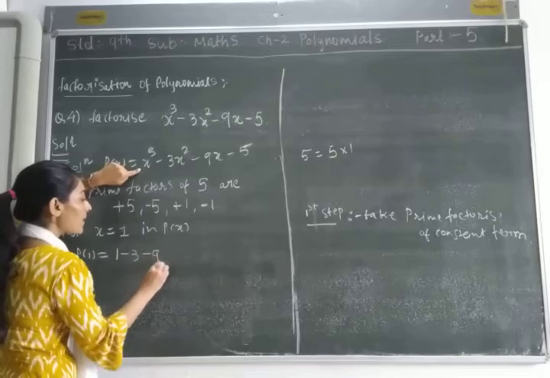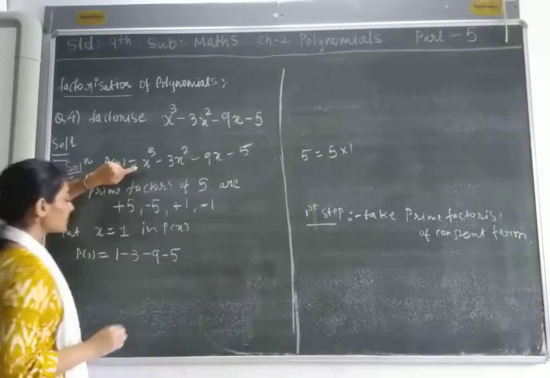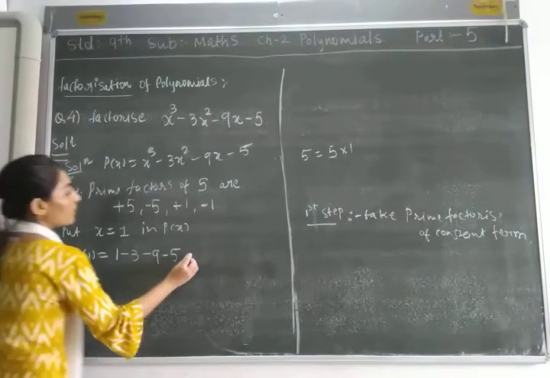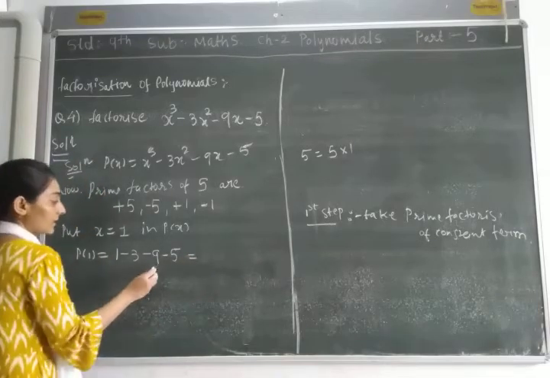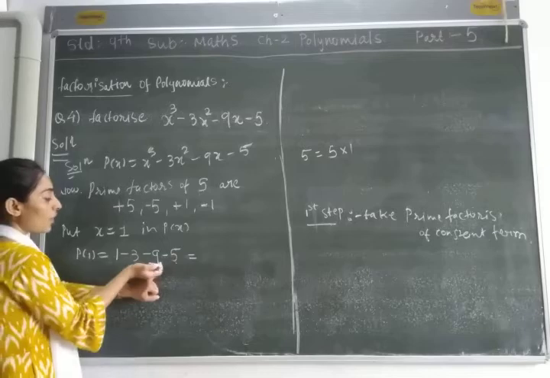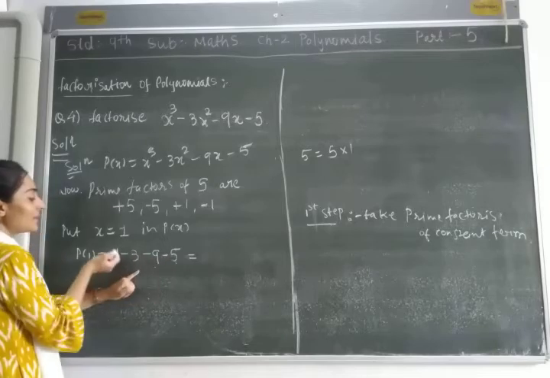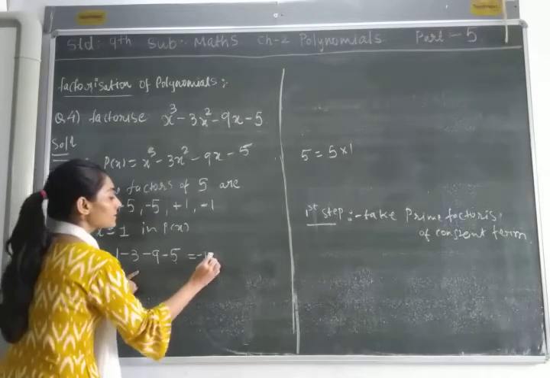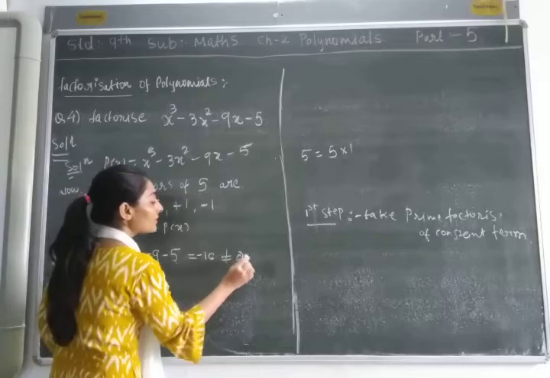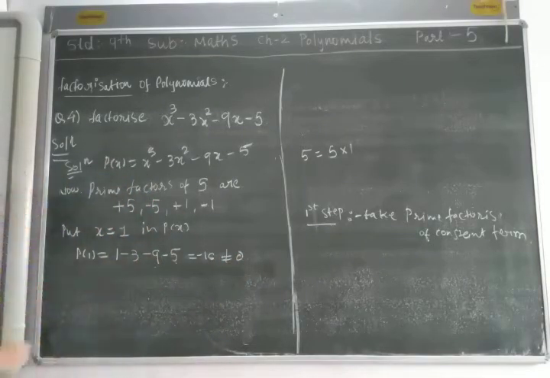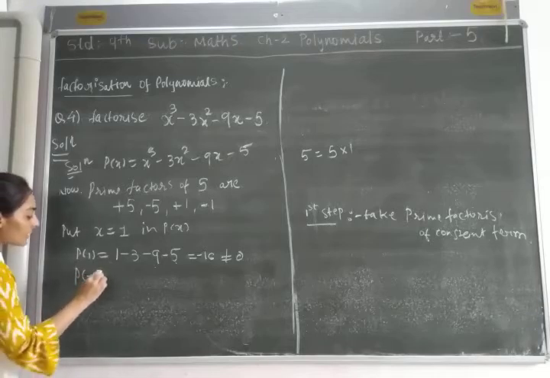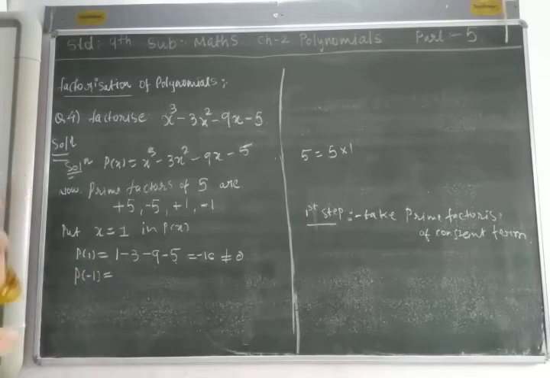Minus 3, minus 9, minus 5. Now I'm getting over here 9 minus 40, minus 17, which is minus 16, not equal to 0. It means plus 1 is not a factor. Now, let's check with minus 1.